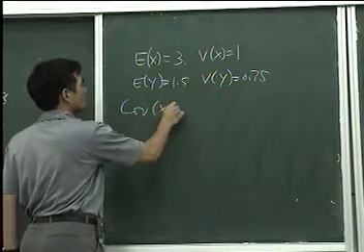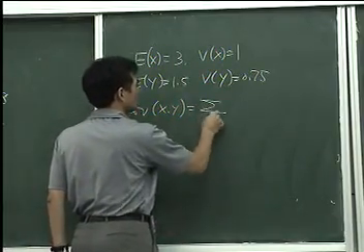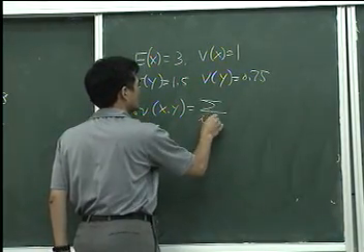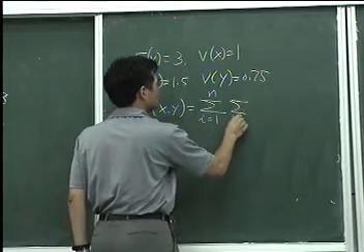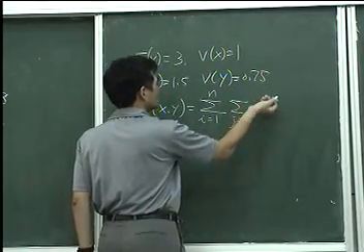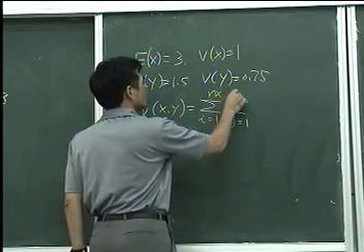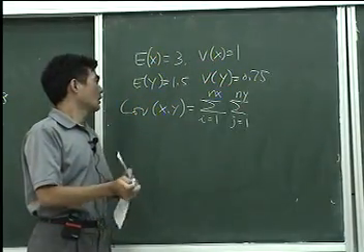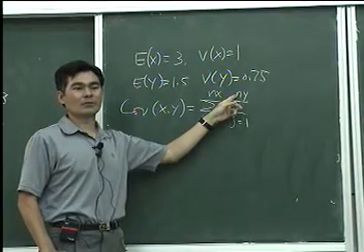The covariance of x, y, in terms of the formula, is the summation over i from 1 to n_x and j from 1 to n_y. Why do we use this? Because the number of x values may not be equal to the number of y values.